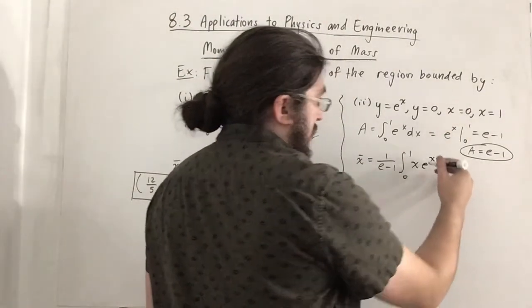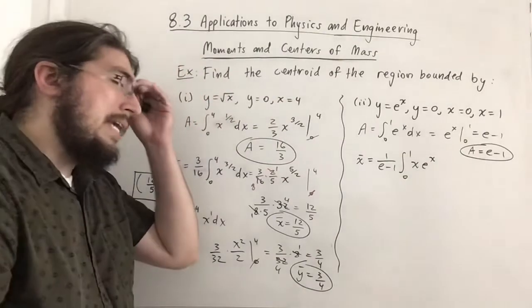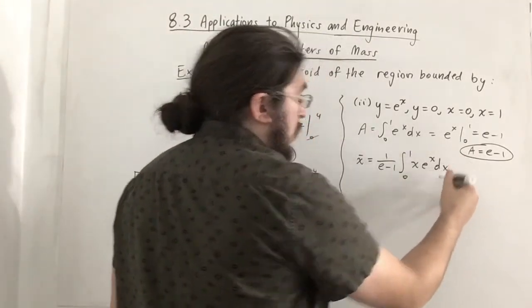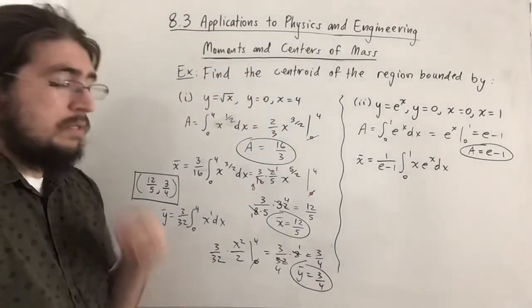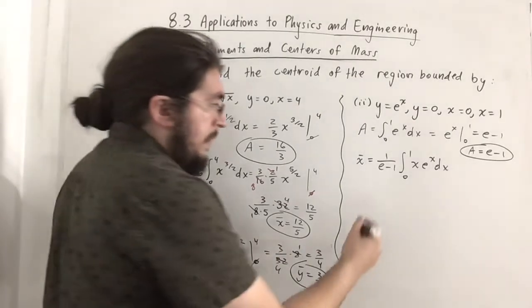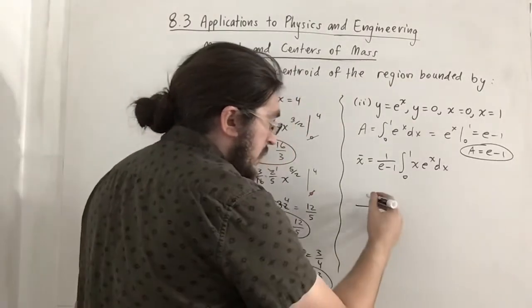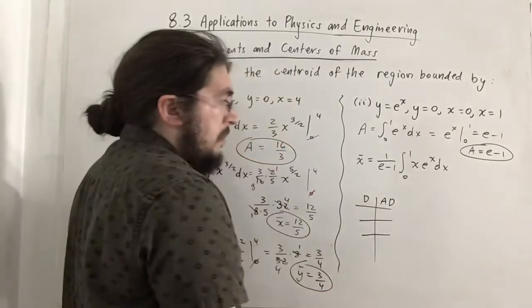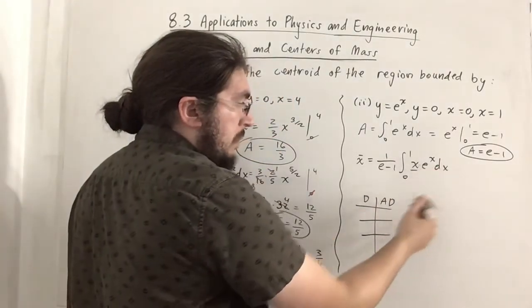All right, so now what? Well, now x times e to the x actually requires, we need a dx. This requires by parts. I'll actually do this by tabular method, but I'm going to have to erase my work just for space for y bar. So let's recall that for tabular method, we need a derivative column and an antiderivative column. Now the derivative column will start with this multiplier x.